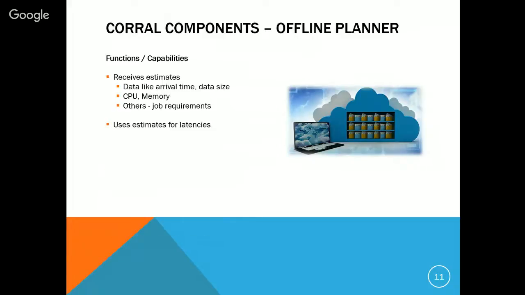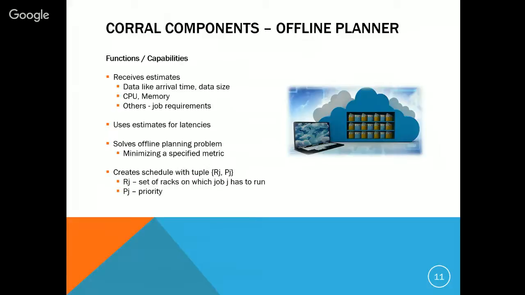We use estimates for latencies for the offline planner. We solve the offline planning problem with the goal of minimizing a specified metric. We can talk about makespan or average job completion time.